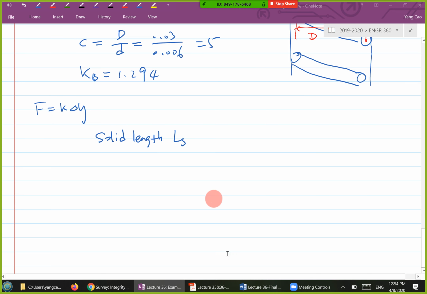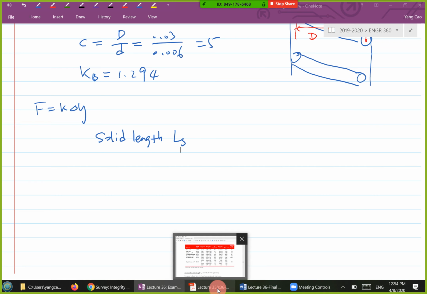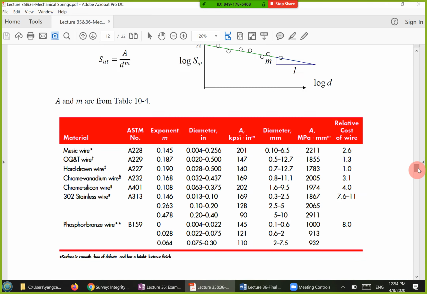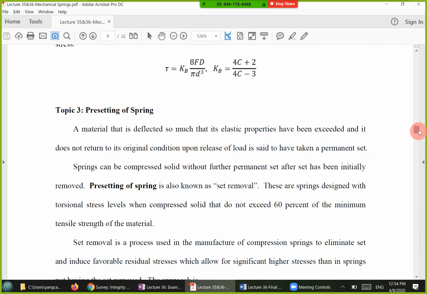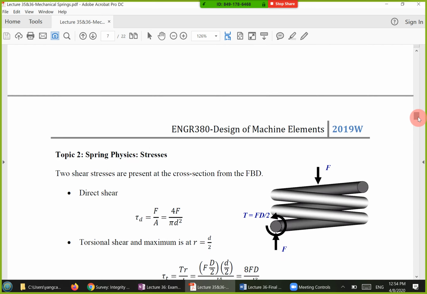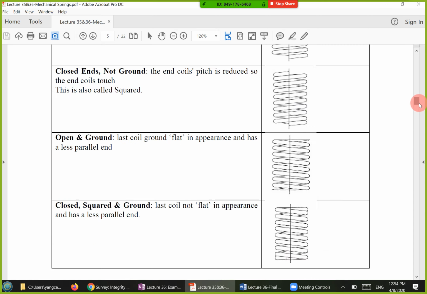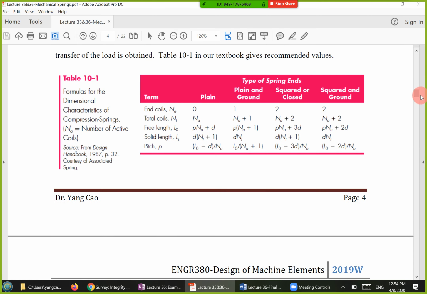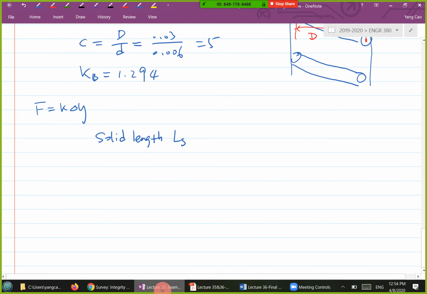So this is where you need to go back to your table 10-1 to look at LS, depending on the types. When you have square and ground ends, your solid length is d times NT. NT is 40, so that gives you 0.24 inch.